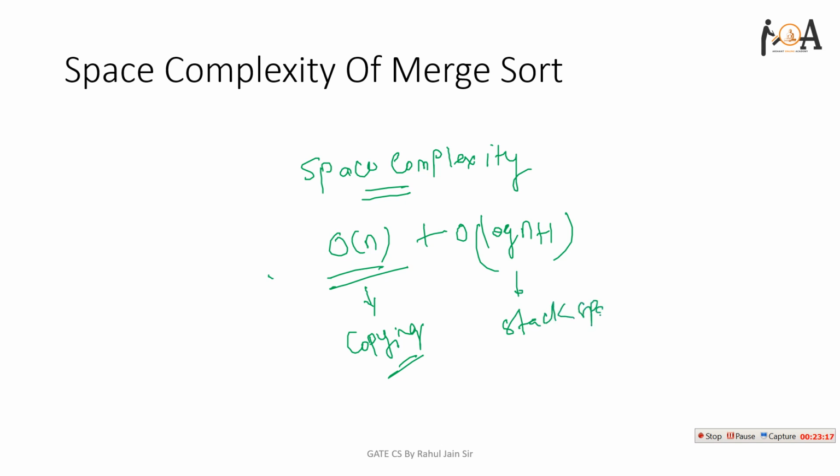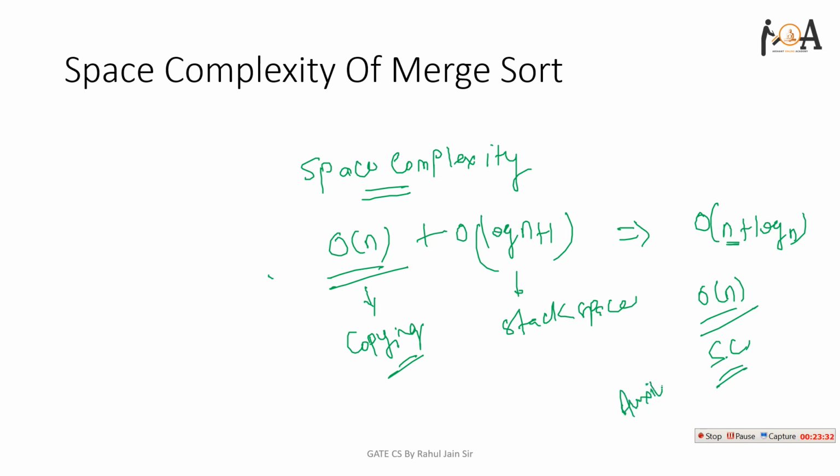So the total space we will require is order of n plus log n, and n is prioritized as it is the bigger term. So order of n is the space complexity, or you can say that auxiliary space required is order of n for merge sort. Okay guys, so the space complexity is order of n.